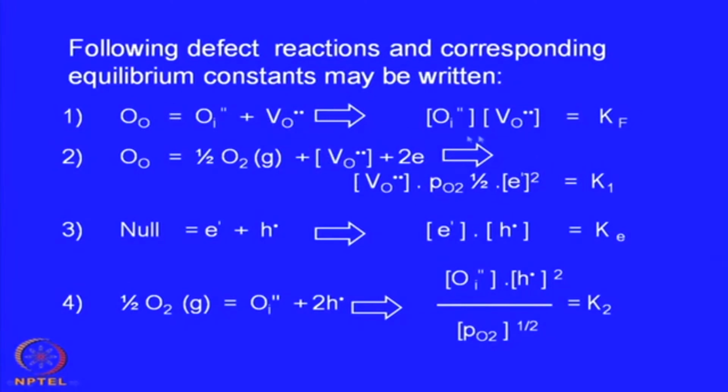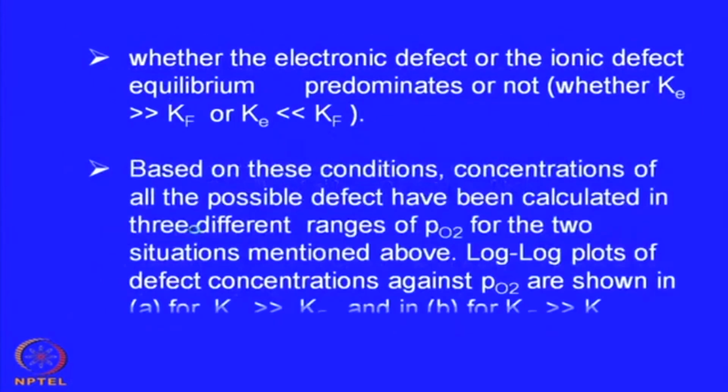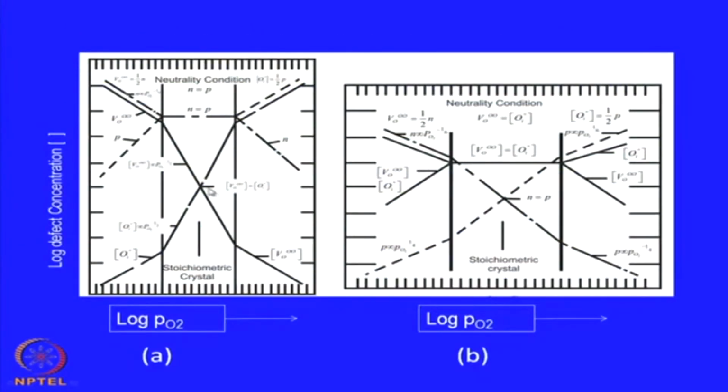No, this is Kf, okay. Sorry, I will tell you. This intersection is Kf, this is oxygen vacancy and oxygen interstitials, that was the equilibrium constant for that, and here it is the Ke, this is Ke, okay, where the concentration of N and P is same.